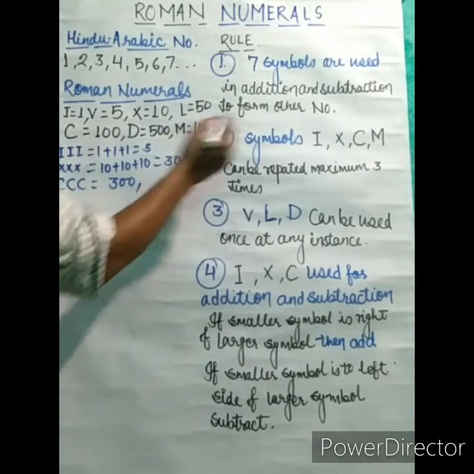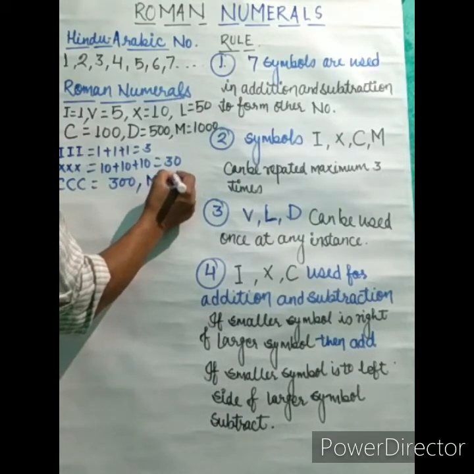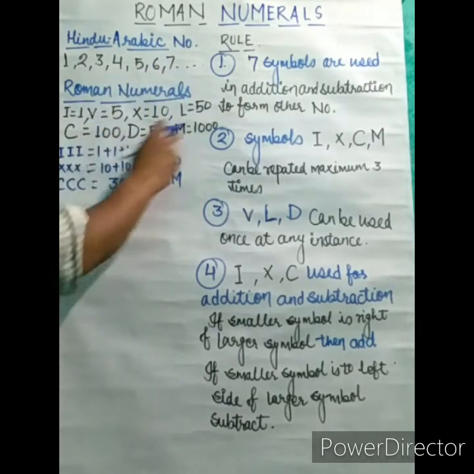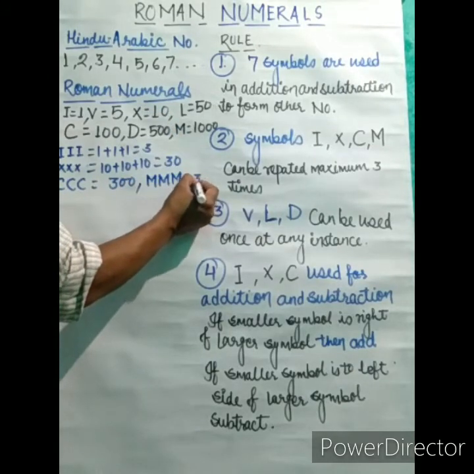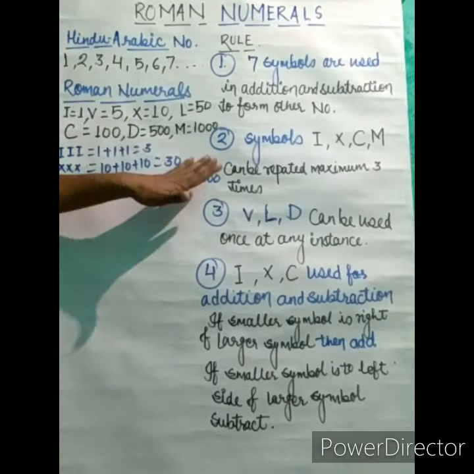Next is M. M also we can write 3 times, and M denotes 1000. So 1000 plus 1000 plus 1000 gives you 3000. These are the 2 rules.